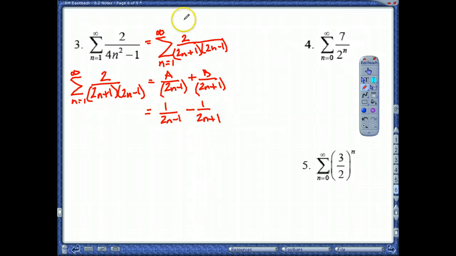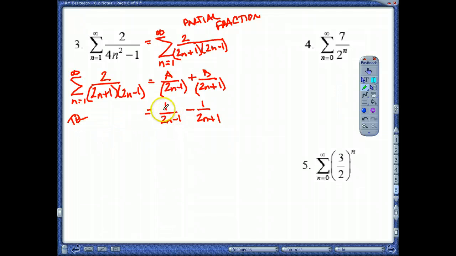Okay, so you're going to use your partial fractions just like we did in section 7.5. Okay, so now that I have it here, I can see, oh, I've got the minus sign, so I've got that same telescoping function going on.